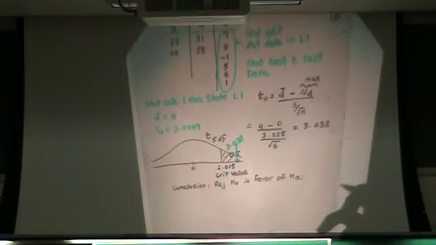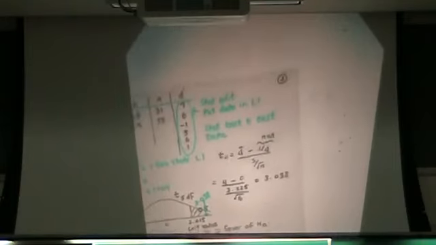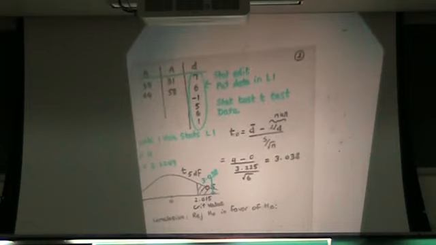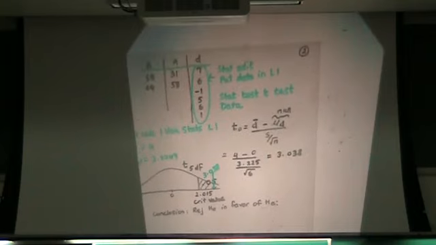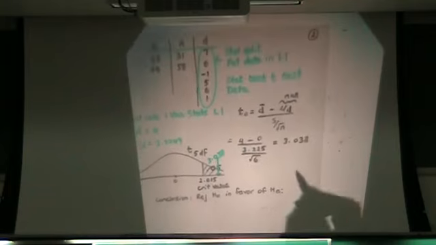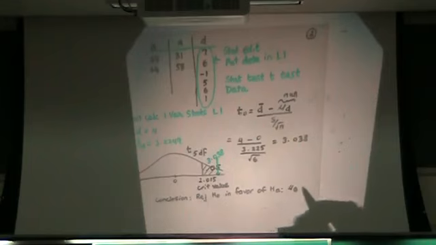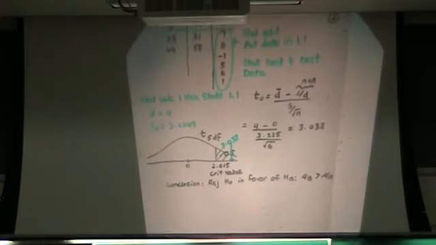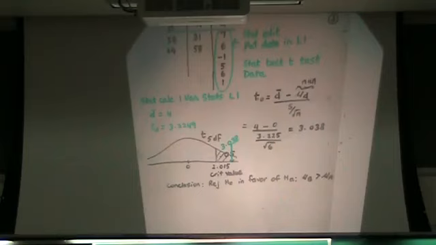So HA says, where's my previous slide? HA says mu before is greater than mu after. So there is a reduction. There is significant evidence of a reduction. So there was improvement.